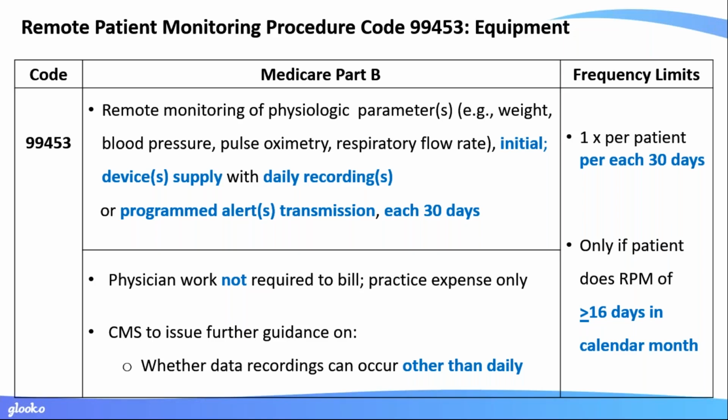And it says each 30 days. So that means if Martha has it for the month of April and the month of May, you can bill this code one time in April and one time in May. But look at the bottom right. These are, again, Medicare rules. You can only bill this code if Martha has been doing the monitoring for 16 or more days in that calendar month.